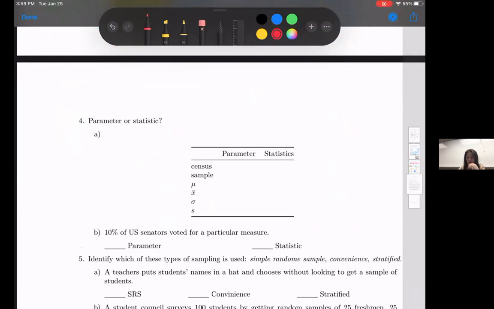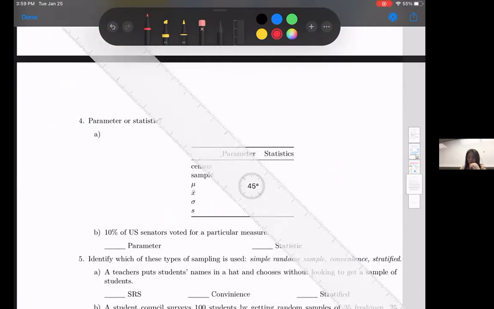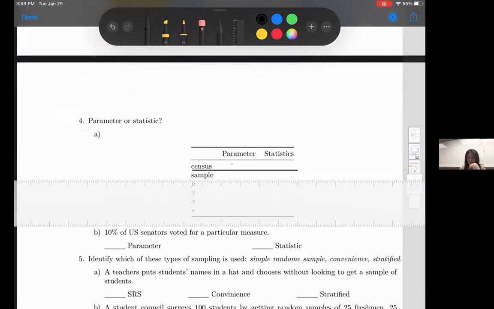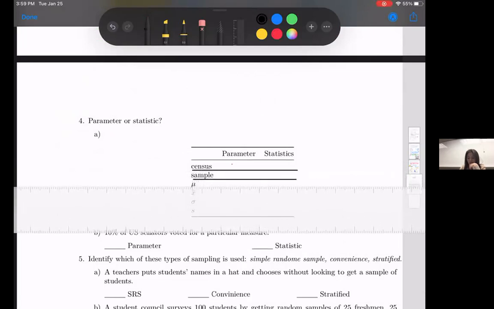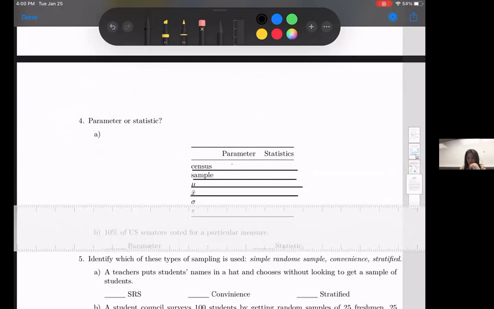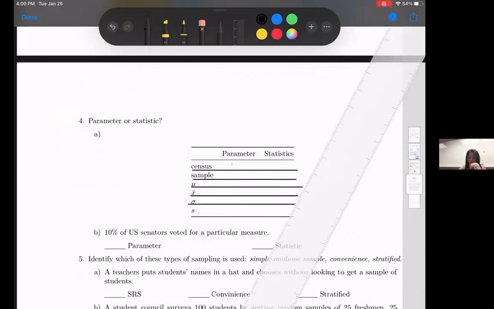So census is a parameter or statistic? You think about it, you tell me. All right, census is parameter or statistic?